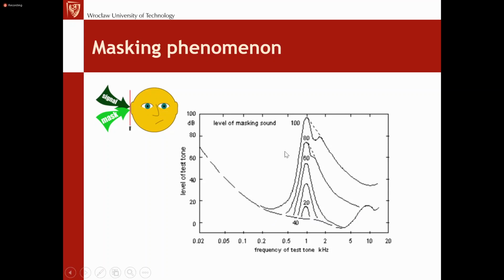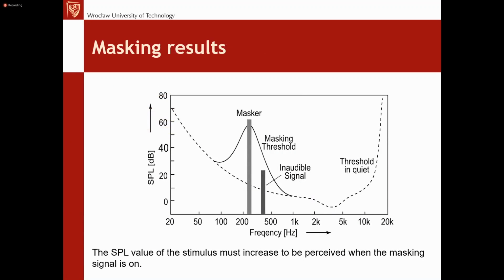The schematic view is presented in this picture, but this plot is more precise. If we don't have the masking signal here, this black signal, as for example a sinusoid, is simply audible because its sound pressure level is higher than the threshold of hearing.